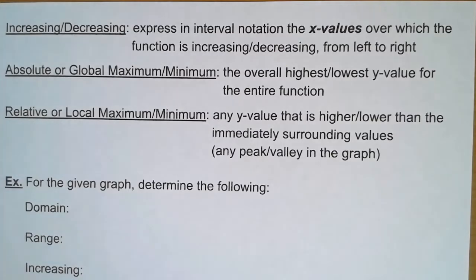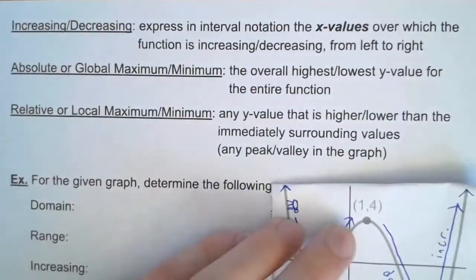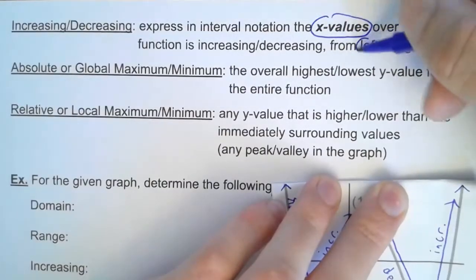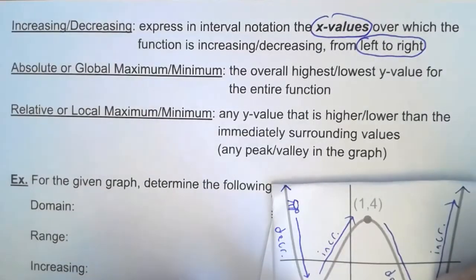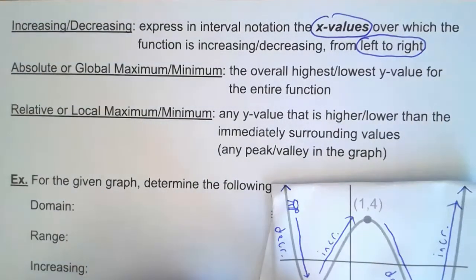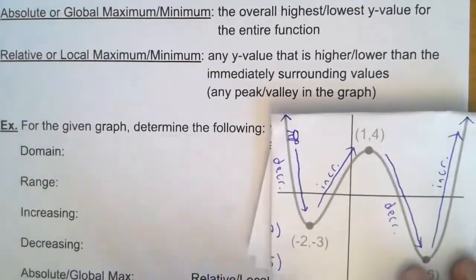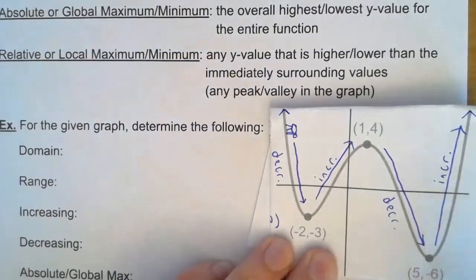All right, so with increasing or decreasing, what you want to make sure that you look at is that you're giving x values and you're looking from left to right. Those are going to be the big things that people forget or get confused on. And so we'll take a look at this graph. If you look at it online, it should be in the notes there, but it just didn't print for some reason.